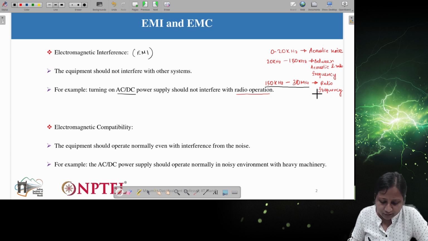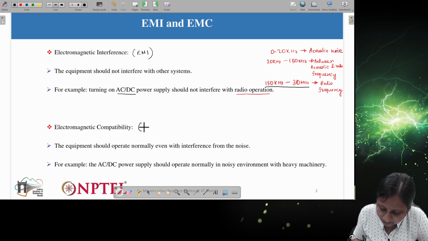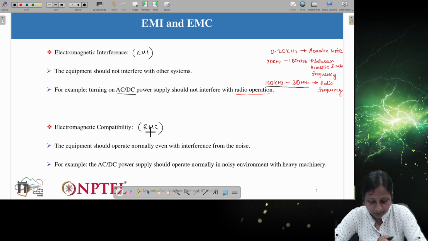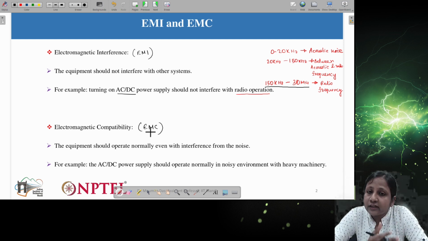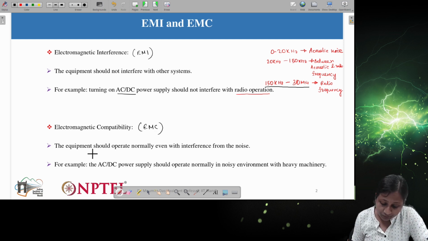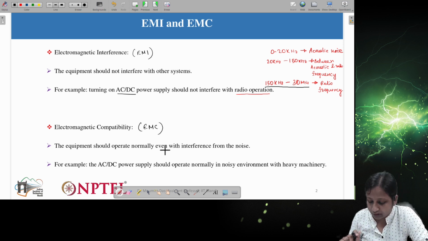Now what is electromagnetic compatibility? The full form is EMC. Basically EMI is the reason: equipment should not interfere with other systems, with any converter placed nearby. EMC is that the equipment should operate normally even with interference from noise.